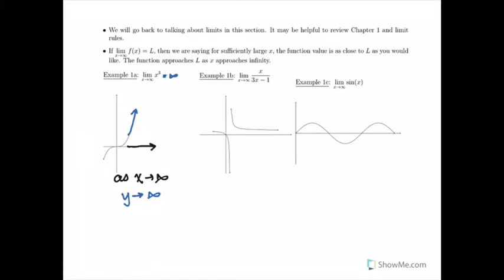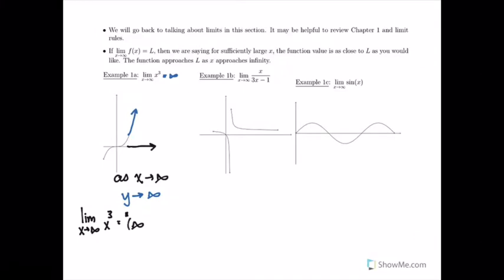Another way to do that, a little more algebraically, is we could say that for the limit as x approaches infinity of x cubed, we can use our limit rule from Chapter 1 that the first thing we should do with limits is plug infinity into our function. Now we can't correctly plug in infinity. It doesn't really make sense to plug in that number, so we're going to put this in quotation marks.